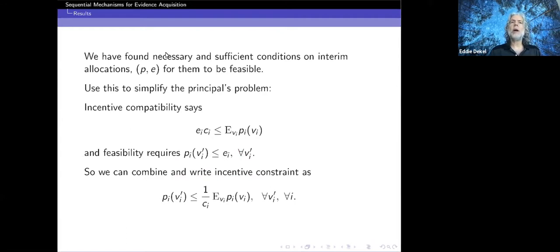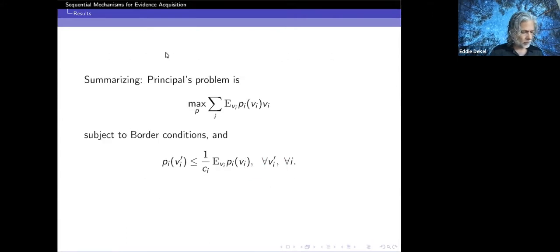And now we can rewrite our problem in a much easier to solve way. The principal's problem is what we wrote before, namely maximize expected payoff. He gets VI if type VI of I gets the good. That happens with probability PI of VI.